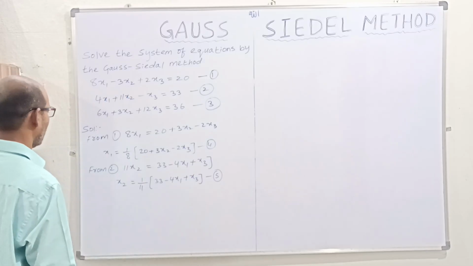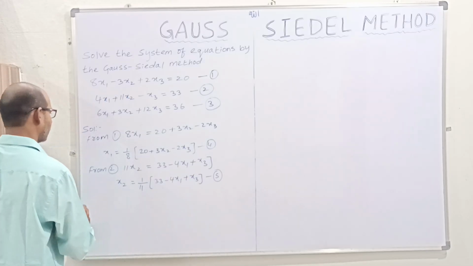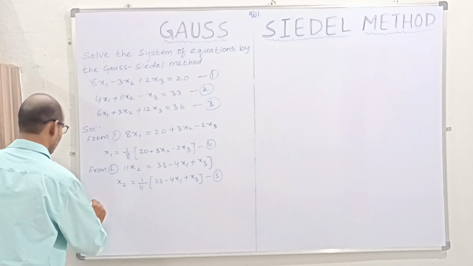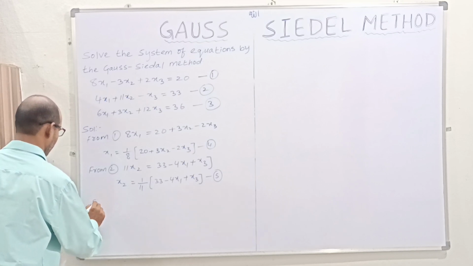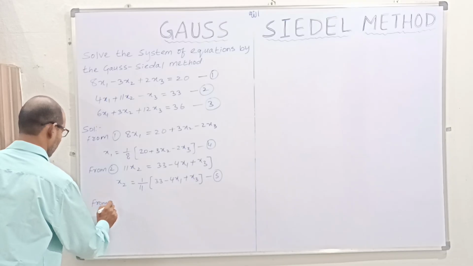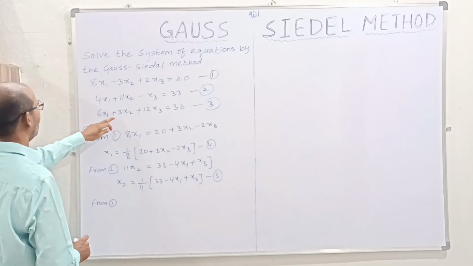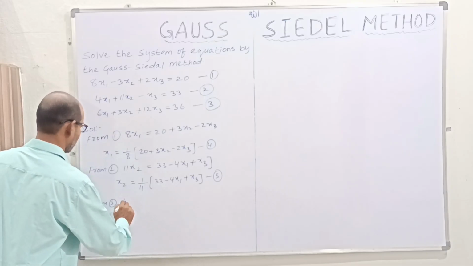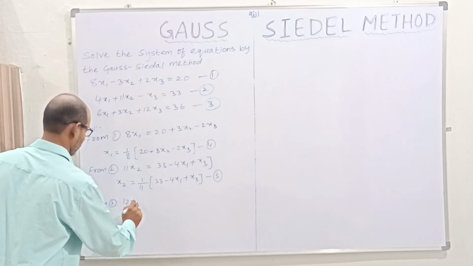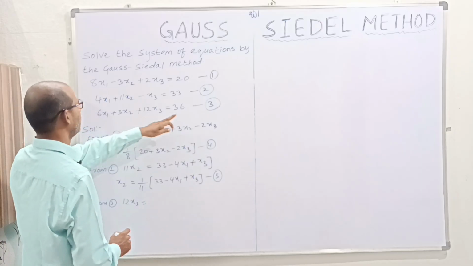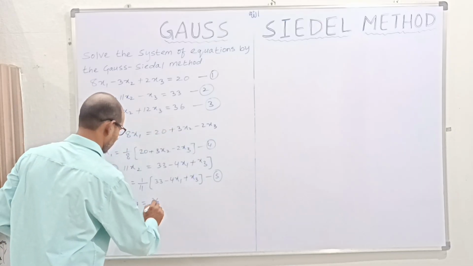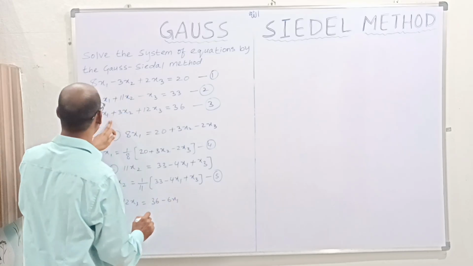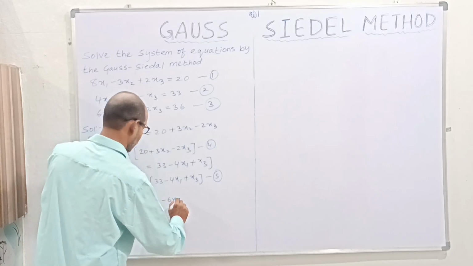Now from equation 3, we need to find x3. So 12x3 is equal to 36 minus 6x1 minus 3x2.